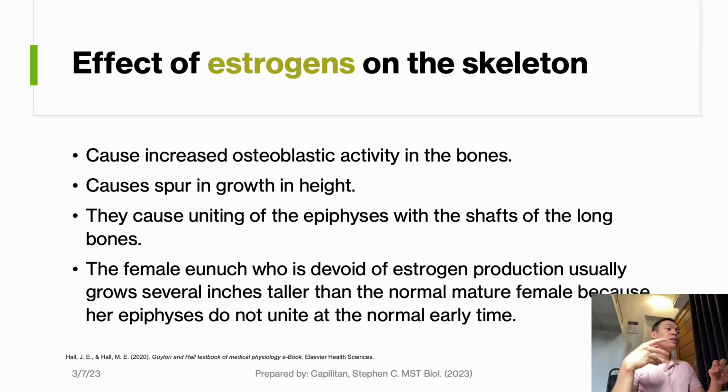They cause uniting of the epiphyses with the shafts of the long bones. The female eunuch, who is devoid of estrogen production, usually grows several inches taller than the normal mature female because her epiphyses do not unite at the normal early time.